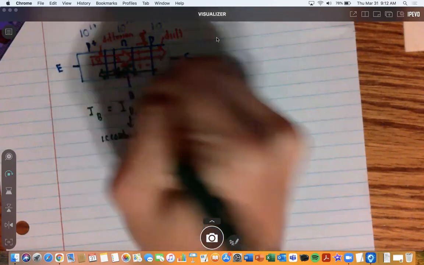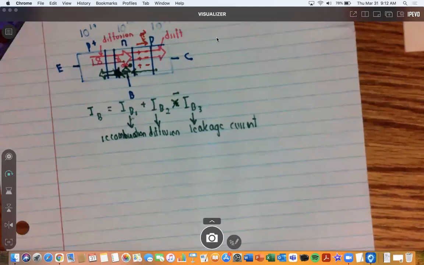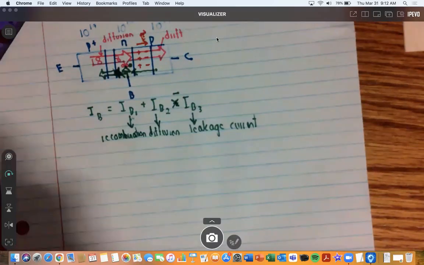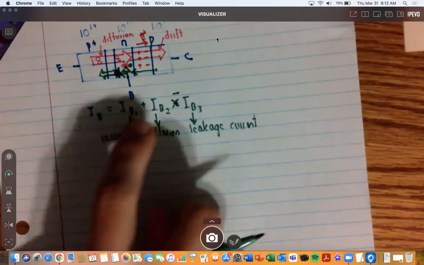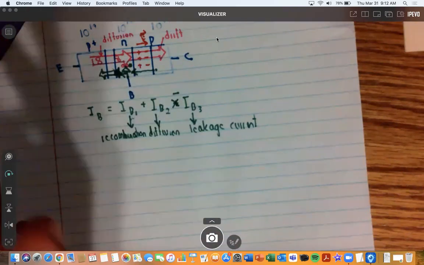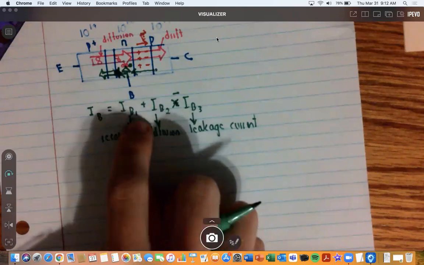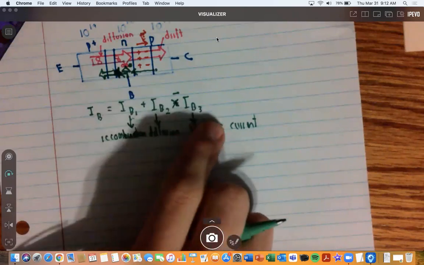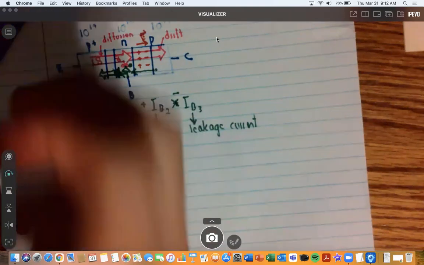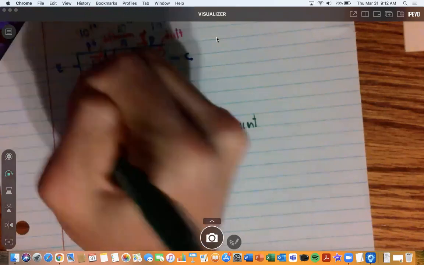It doesn't matter, IB1, IB2, however you label it, just so you know what each one represents. You could call this IB1, the other one IB2, and the other one IB3. They're just arbitrary, so you just need to know what causes each of these currents. And then this is the base current, of course.